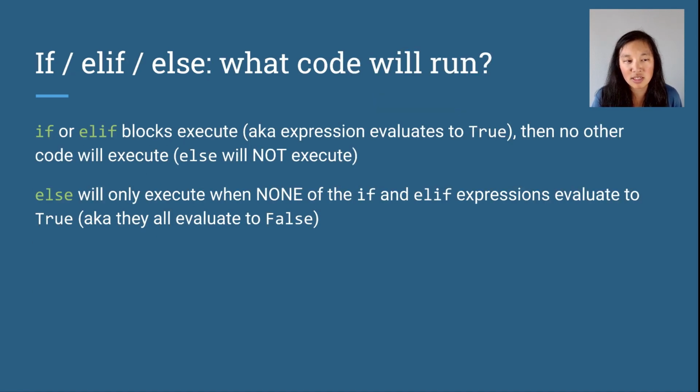In more words, if an if or elif block executes, meaning the expression evaluates to true, then no other code will execute, and the else will also not execute. The else will only execute if the if and elif expressions all evaluate to false.